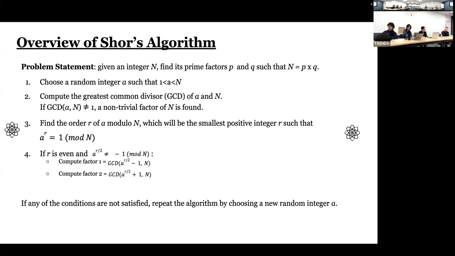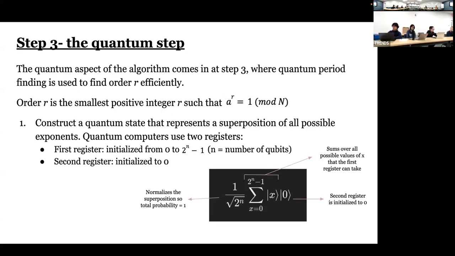So, step 3, the quantum step. Quantum period finding here is used to find the order r efficiently. As a reminder, order r is the smallest positive integer r such that a to the power of r is equal to 1 mod n. The first thing you want to do is construct a quantum state that represents a superposition of all possible exponents. Quantum computers use 2 registers for this.